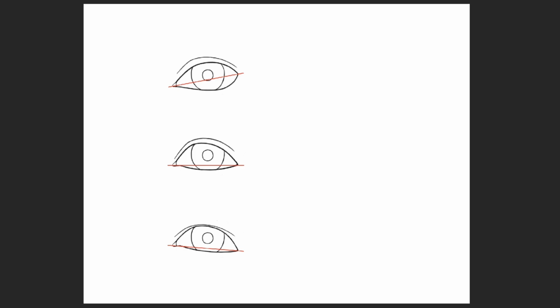I feel my distinction is a lot simpler and a lot more relevant to understanding the basic form of the eye shape, and understanding these 3 shapes will greatly improve your understanding and your ability to draw the eye.